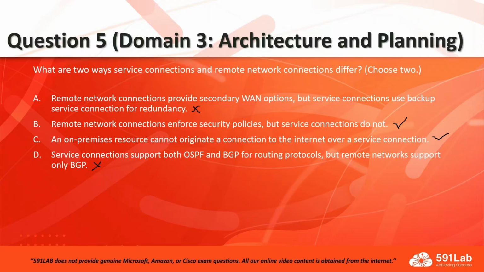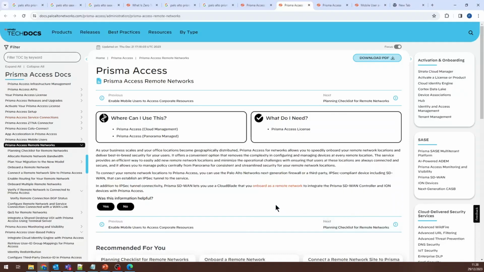This is exactly the same as the information from the Palo Alto website that it allows managed policy centrally from Panorama for consistent streamlined security for your remote network locations.